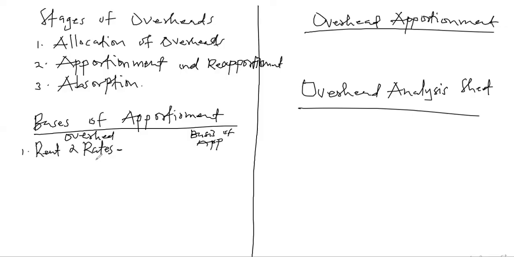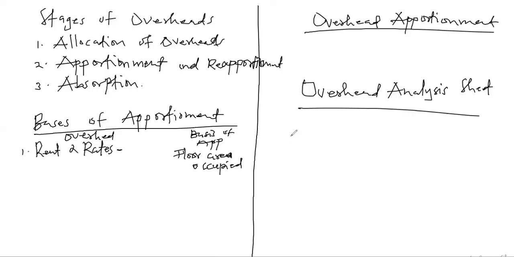With rent and rate, mostly they use the floor area occupied. Floor area occupied.